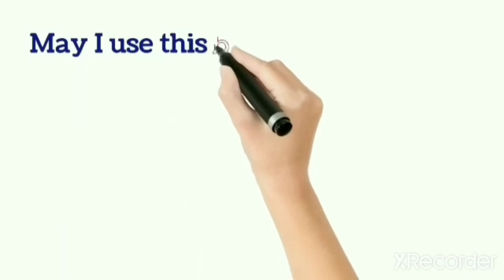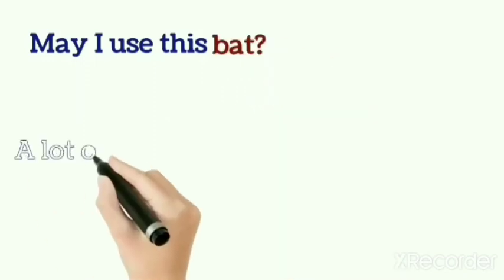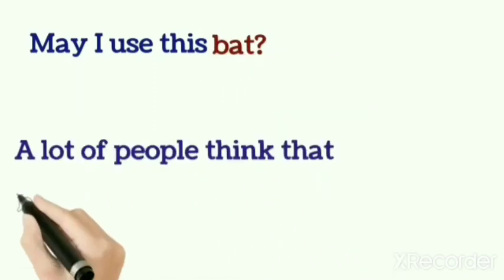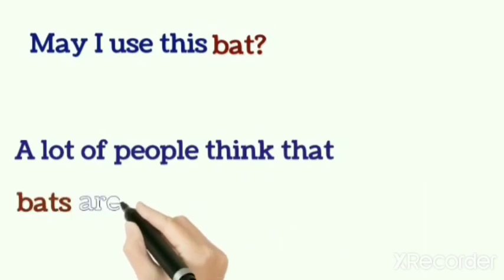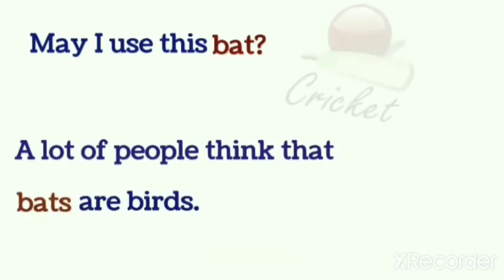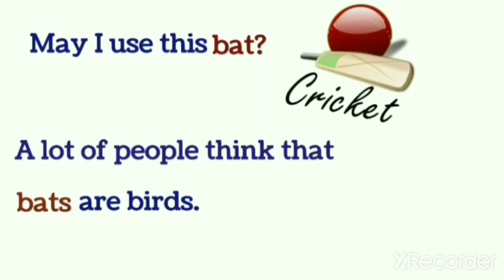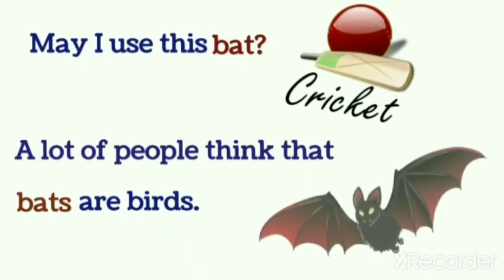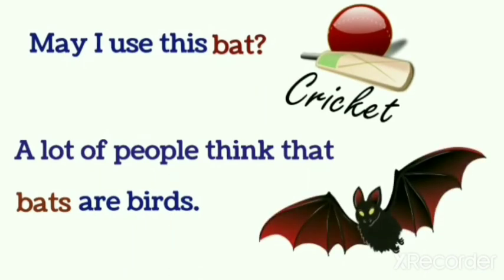Next, bat. May I use this bat? A lot of people think that bats are birds. In the first sentence, the word bat means a wooden implement used for hitting the ball in various games, whereas in the second one, it means a flying mammal.